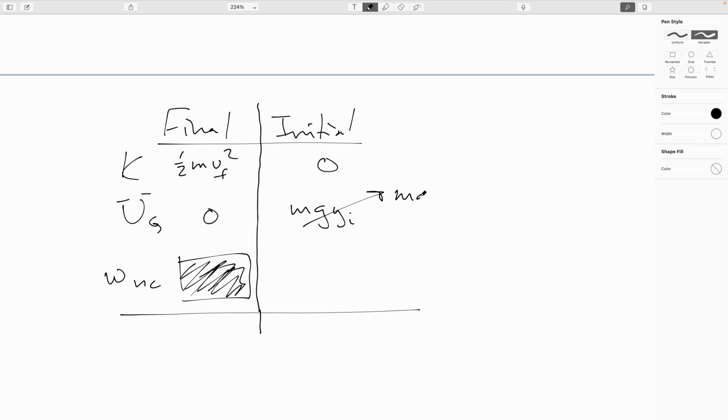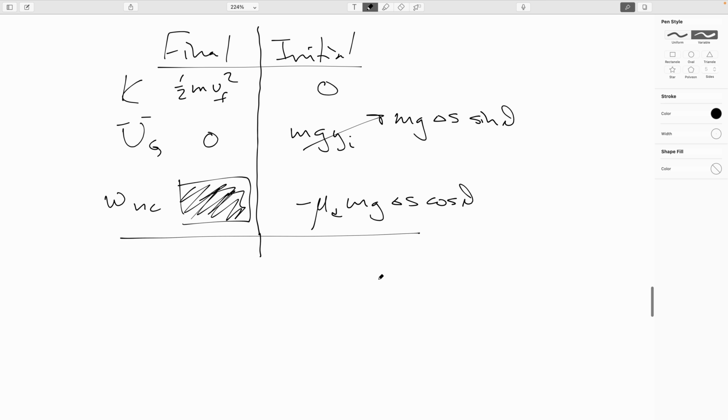So this is mg delta s sine theta. And now I'm going to have my variance here. My non-conservative work is minus mu k mg delta s cosine theta.